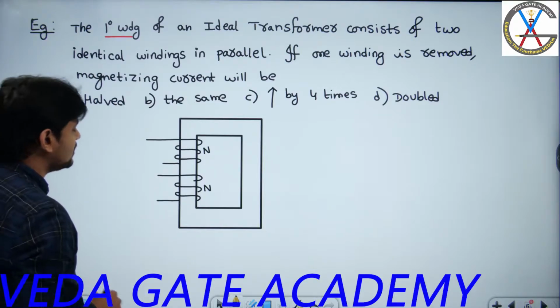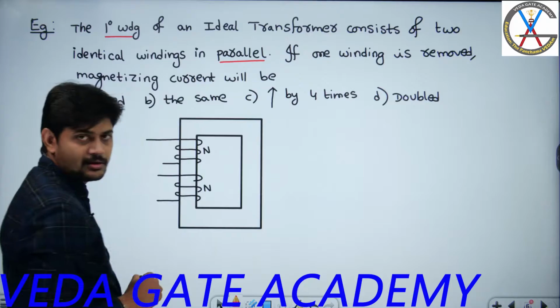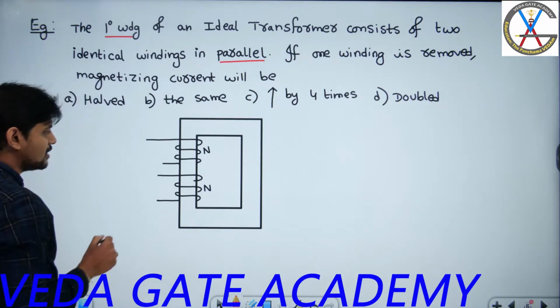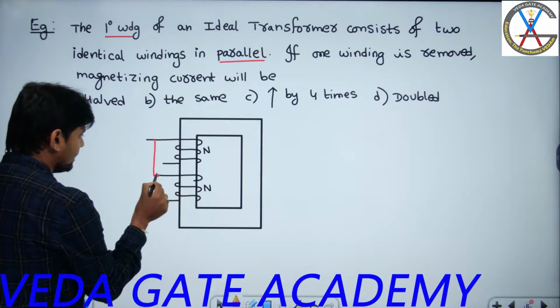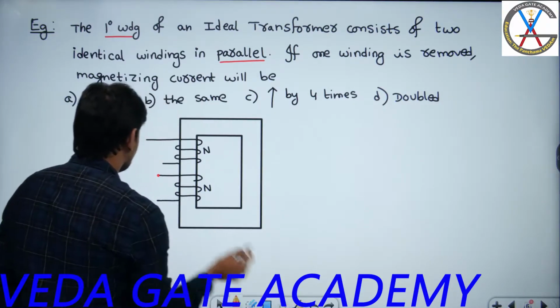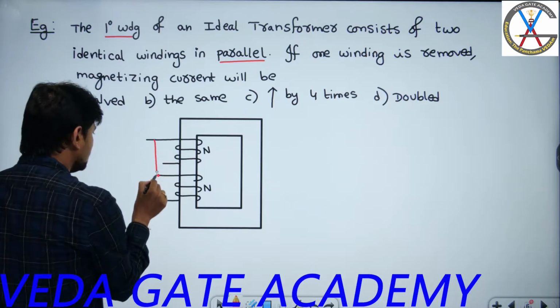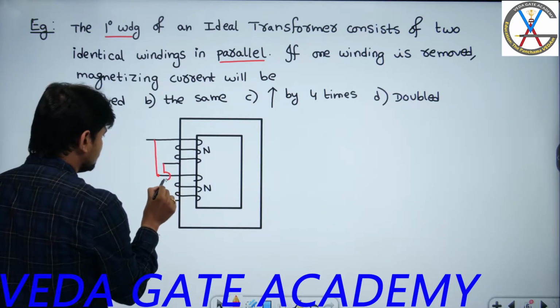Now these two identical windings are connected in parallel. You know how to do the parallel connection, right? So this terminal I will join here, and after that I will join this wire to here.